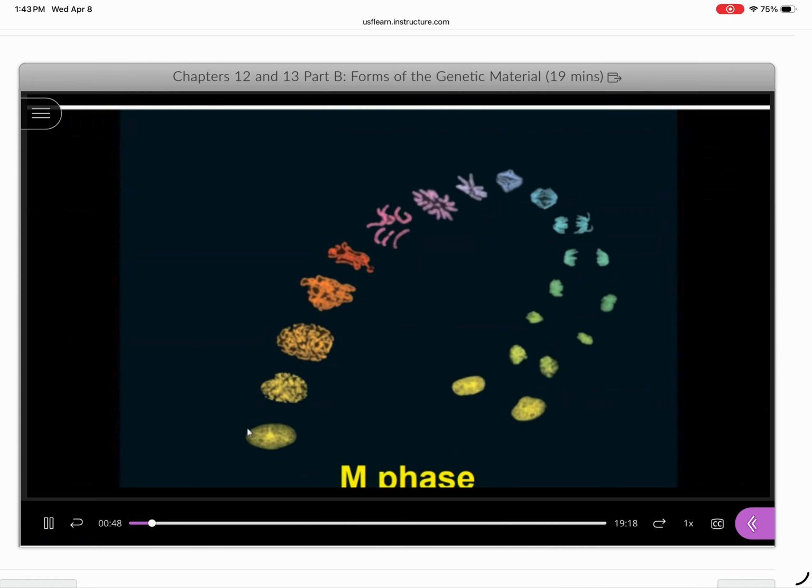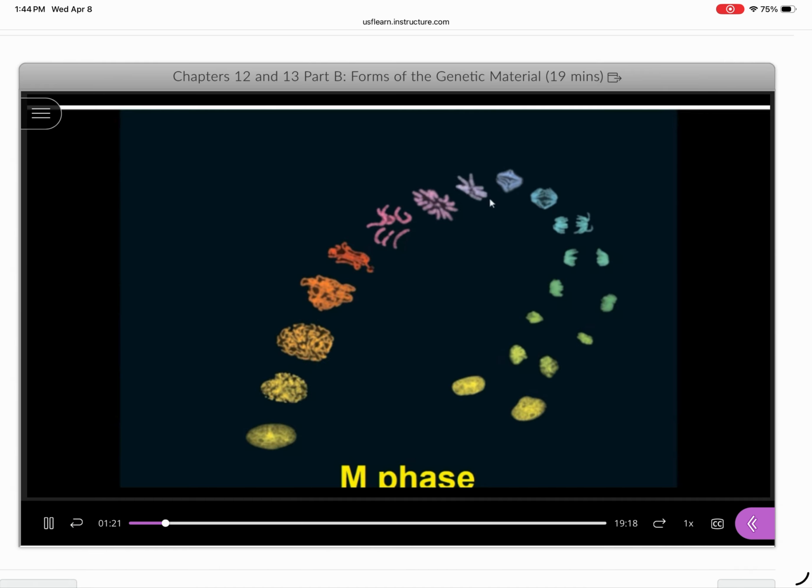You can see the shape of the nucleus here and here, although that lovely round shape goes away for some reason. And here you can see chromosomes. You couldn't really see that early on.